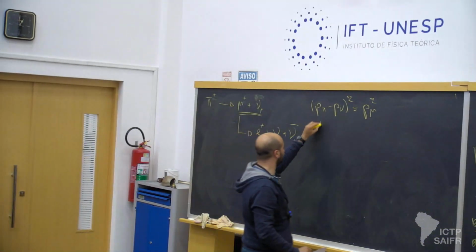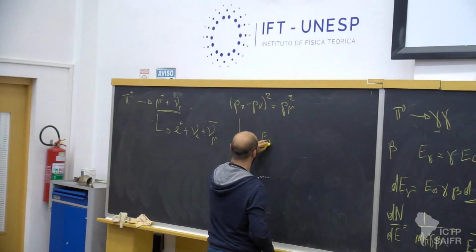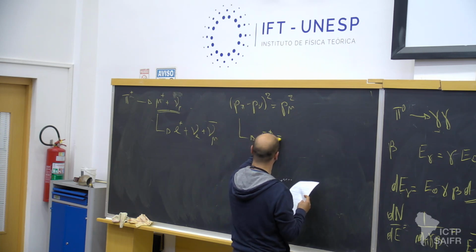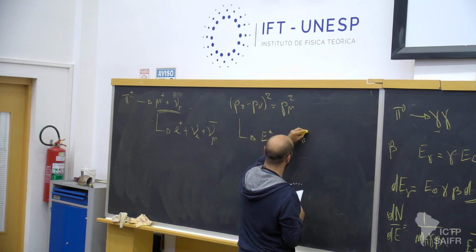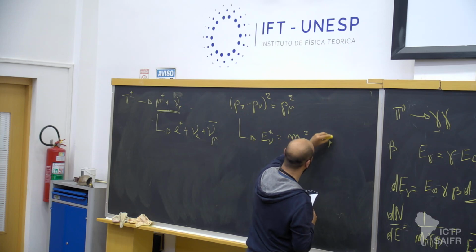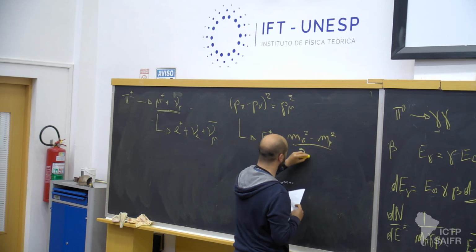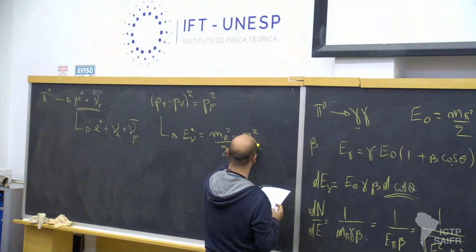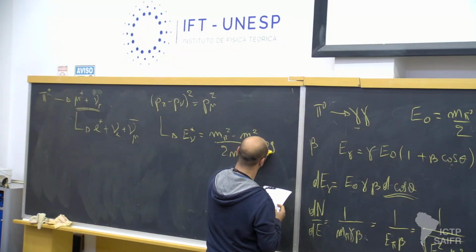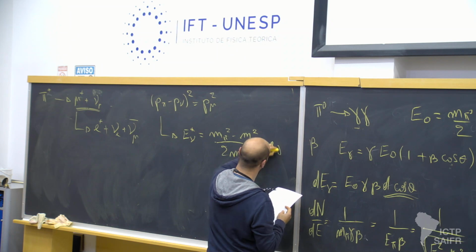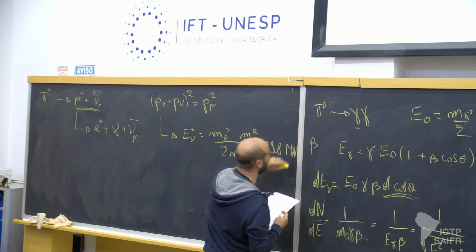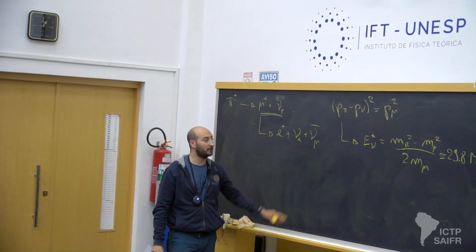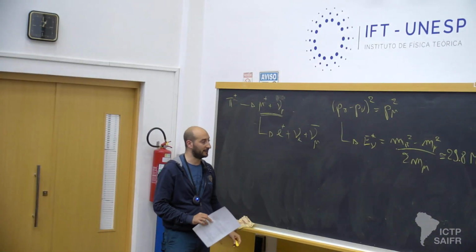And this gives us the energy of the neutrino in the frame where the pion is at rest, which is m pion squared minus m muon squared over twice the muon mass. And this is roughly, well, it's roughly 30 MeV. You see that this is a bit lower, a factor 2 lower or so, than the photon because of this effect. The muon is massive.